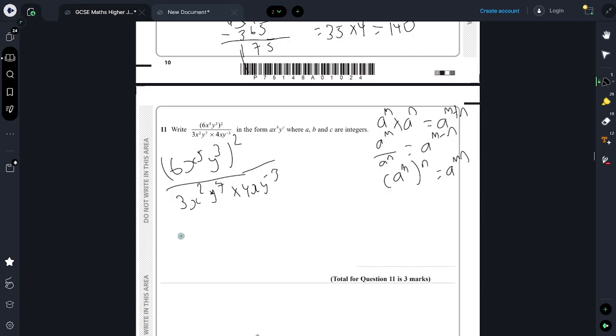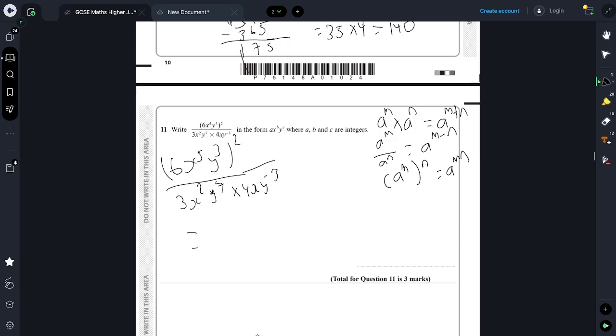Firstly, let's deal with the 6. Let's make them all the same, right? Let's expand this bracket first. I think that might help. Like with this formula here, if we're raising all of this to the power 2, we can raise everything individually by 2.